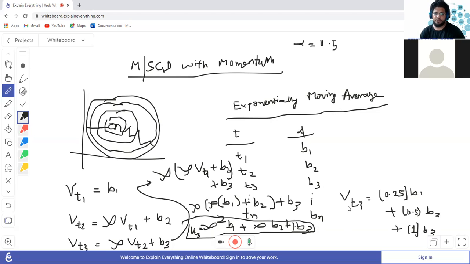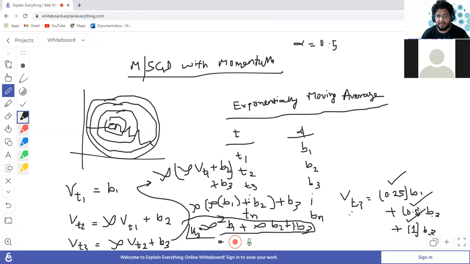So to calculate the value of v at time t3, it is dependent on b1, b2 and b3. So to calculate something at time n, it is dependent on all the values until n minus 1 and n, but the coefficient before them gives the importance accordingly. So b1 has the least importance, b2 has second least importance, b3 has the highest importance.